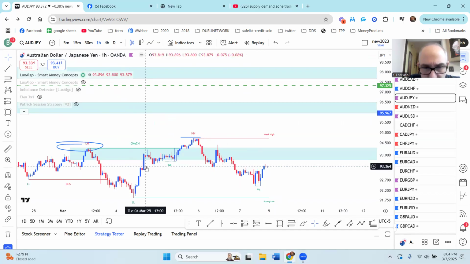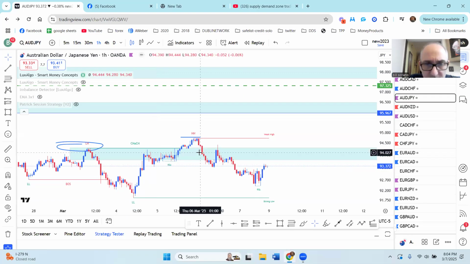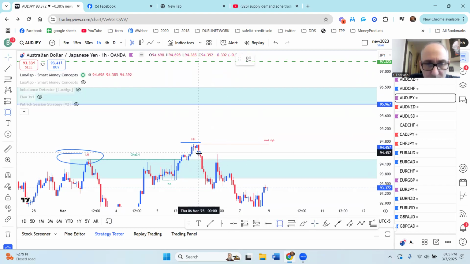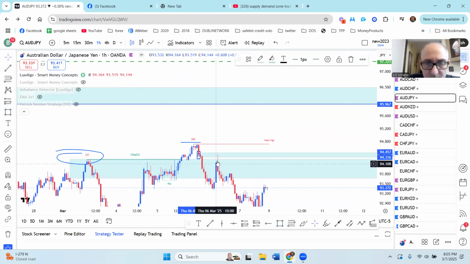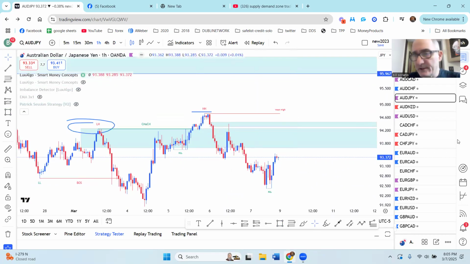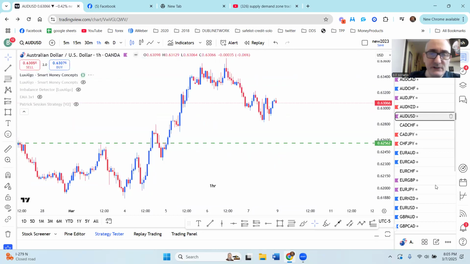So right here, actually right here, we get the break of structure. It just barely closes below this wick right here. This candle right here, and then this is our refined zone right here. And you could see that that wick comes right up, touches it, and then pulls away for a nice winning trade here.